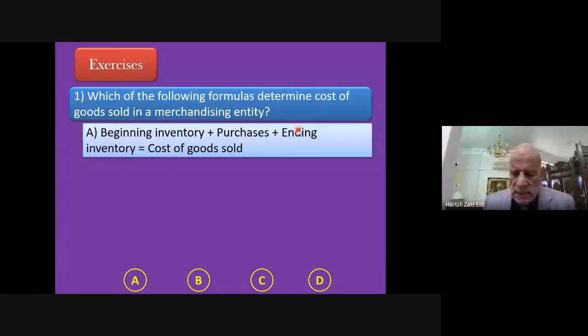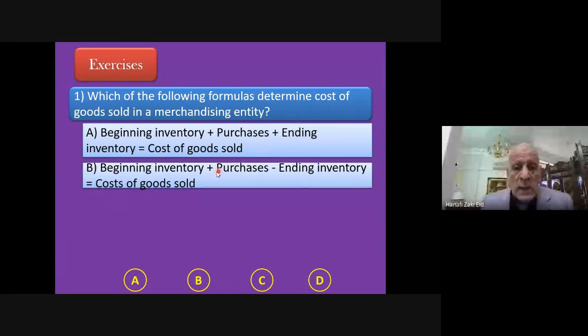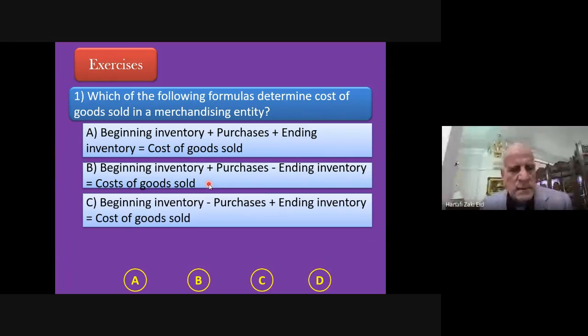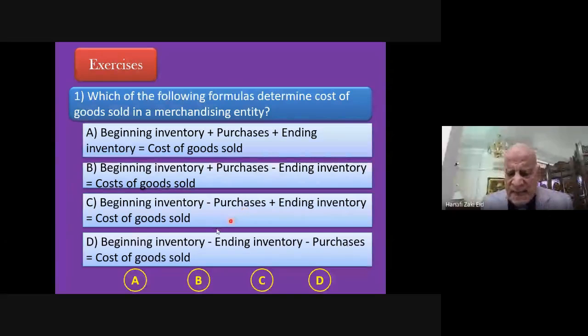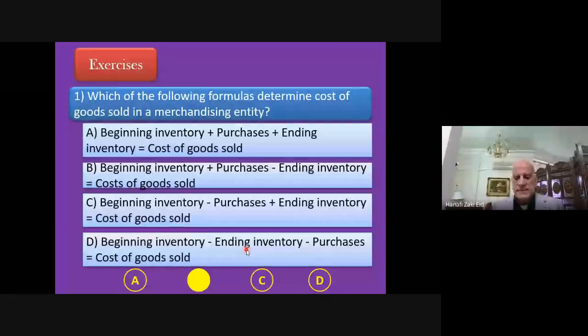No, this is incorrect. Or can we say beginning inventory plus purchases minus ending inventory equals the cost of goods sold? It seems correct. But let us see the third option. Beginning inventory minus purchases, no, not complete. Beginning inventory minus ending, no. So the correct answer is the second one, letter B.